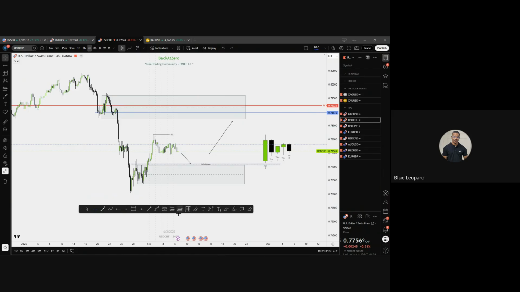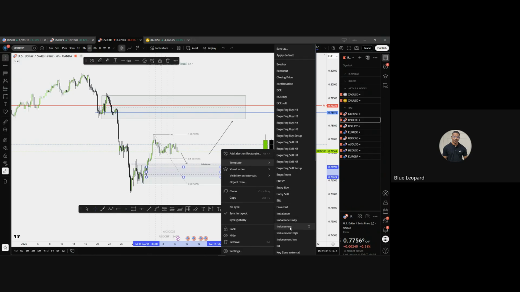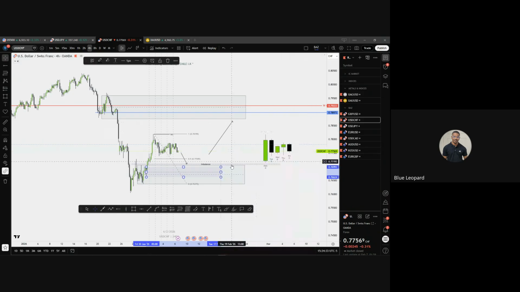I will mark my 50% of the zone. This is the equilibrium. I'm waiting for price to come inside here. What would reject price? I have an H4. You already see it. I have an H4 here, which is a buy H4. When price reaches it, I will look at the M30 and I could catch a big move.